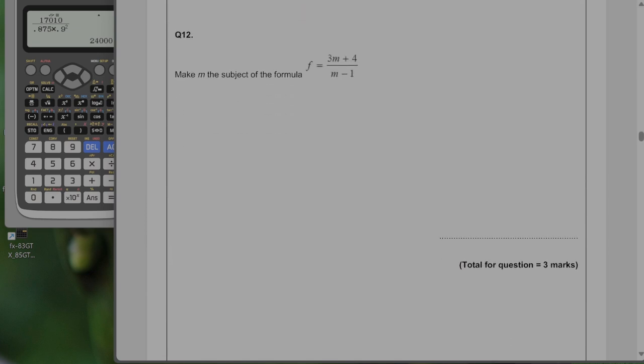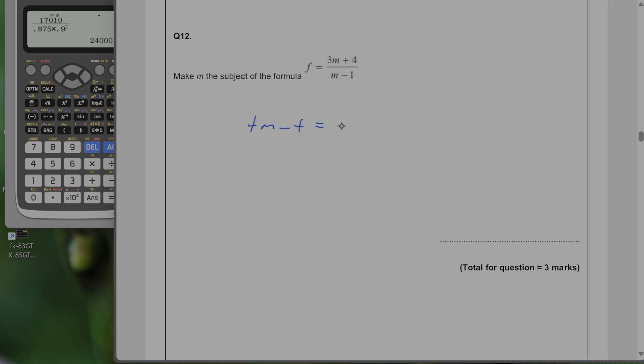Right, question 12. Make m the subject of this formula. Right, so I'm going to start by multiplying both sides by the denominator here. I'm also going to multiply it out, so fm minus f is equal to 3m plus 4.